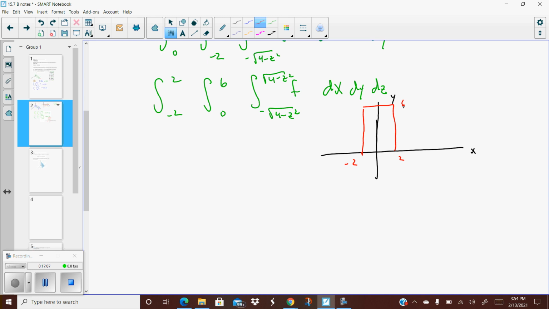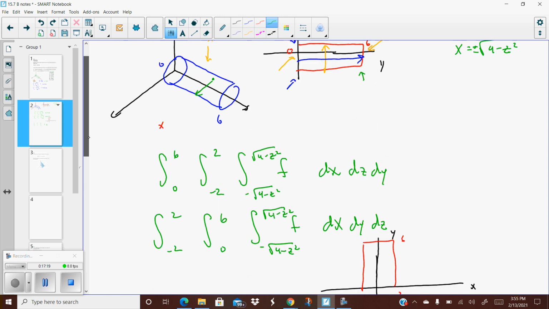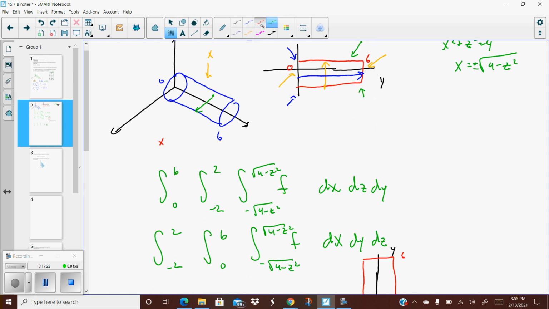So then all we have to figure out, because we know z is going to be the innermost integral of f, so we're going to do dz first. So z, in this case, varies from, it's probably easiest to draw this one out here, the bottom of this circle up to the top of the circle.